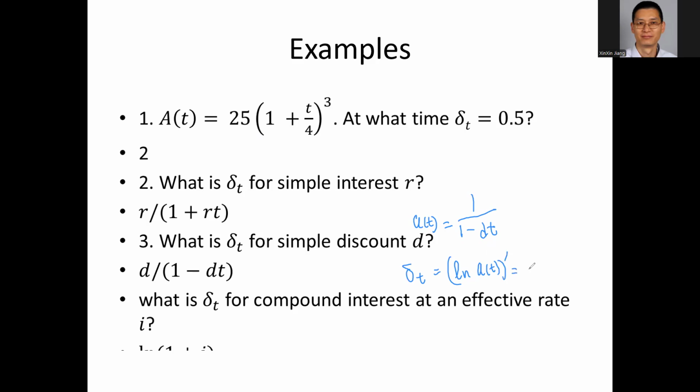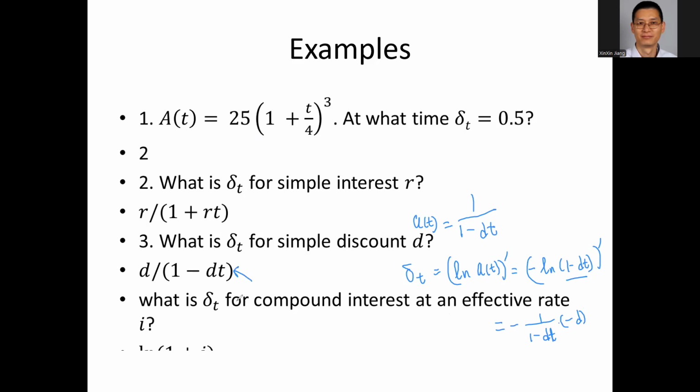Log a(t) is negative log of (1 - dt), and then we take the derivative. That is negative 1 over (1 - dt), and then you multiply by the derivative of the inside, which is negative d. So you would have d/(1 - dt), which is here.